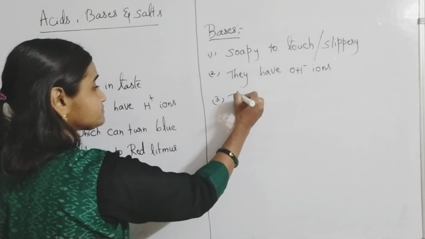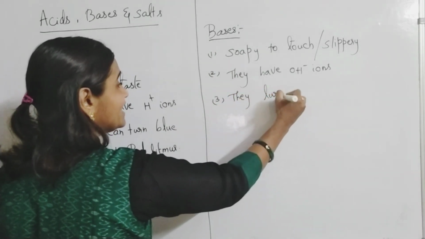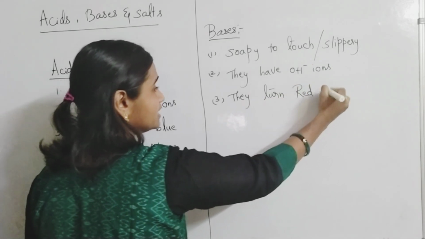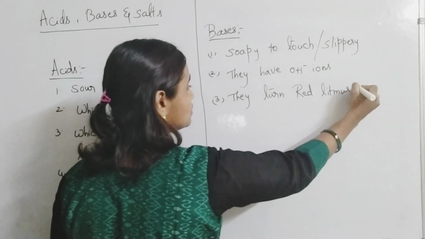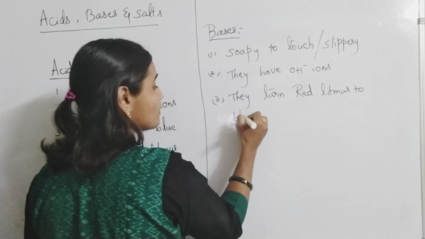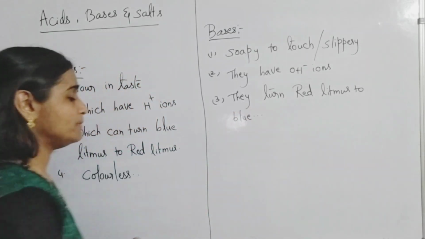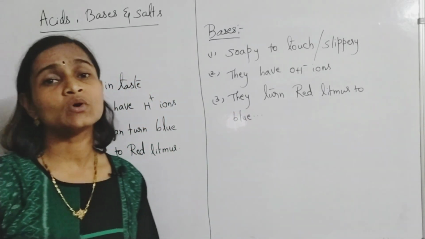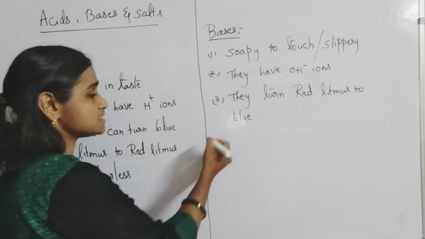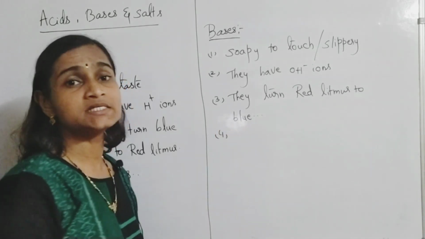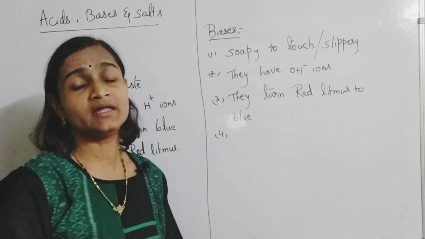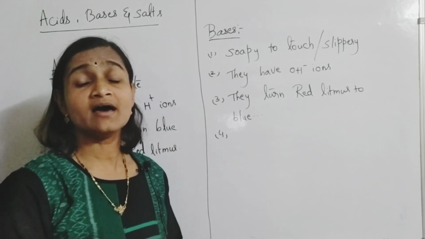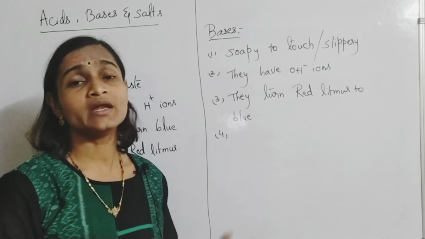Substances with OH minus ions are termed as bases. They turn red litmus to blue. These are the general properties exhibited by bases. Bases are also colorless substances. In their physical state, most of the bases are solids or powdered.